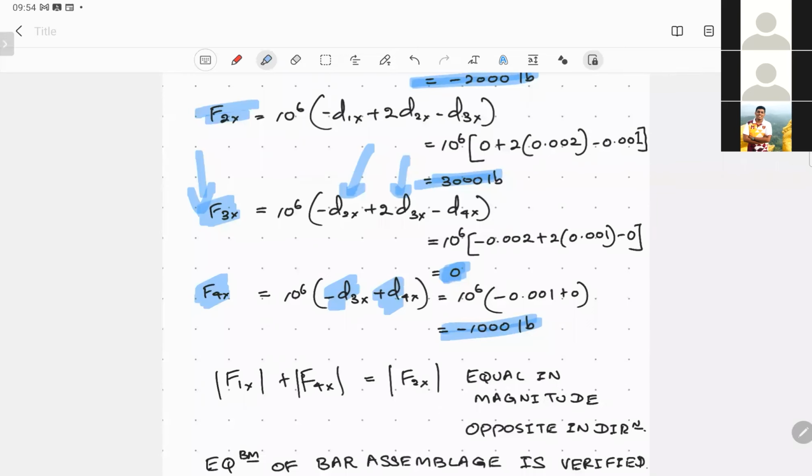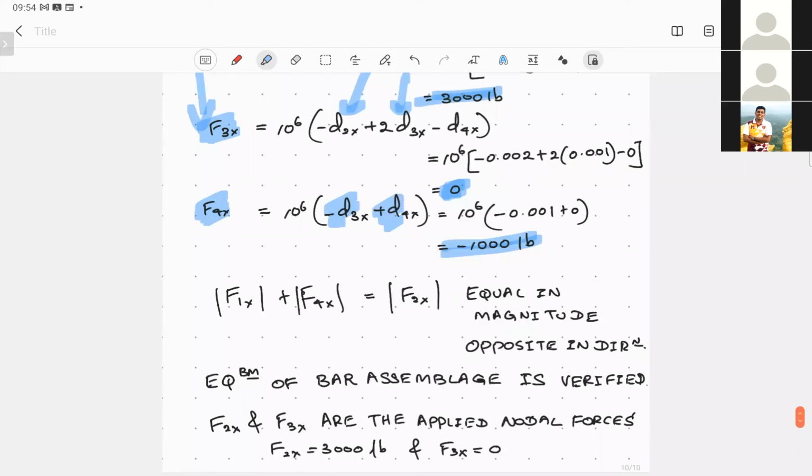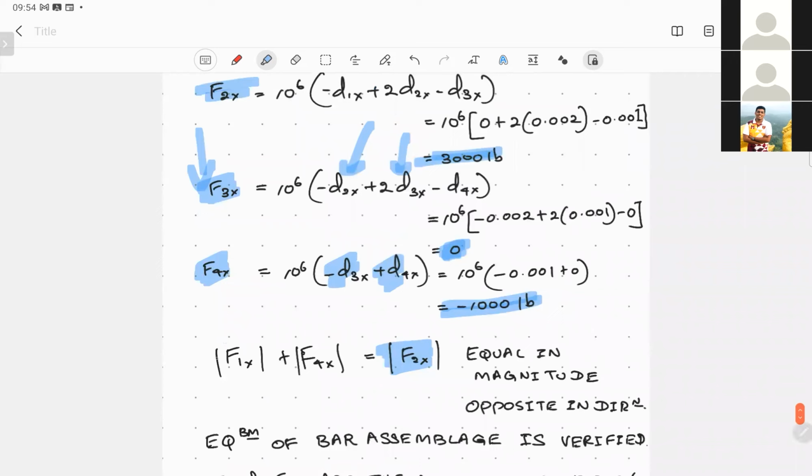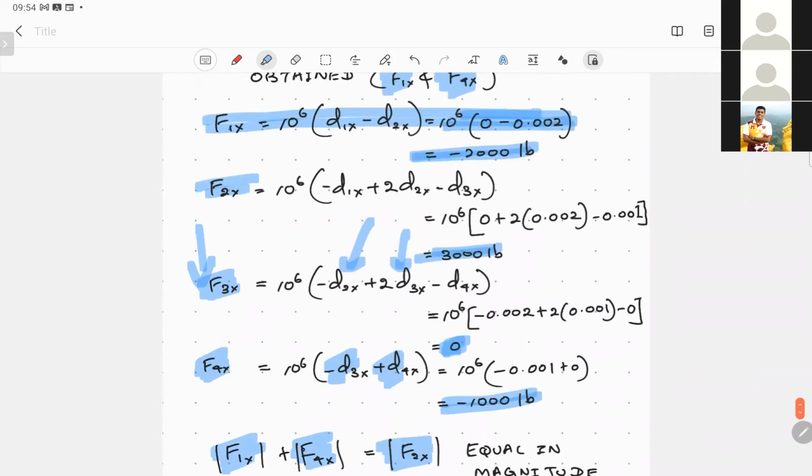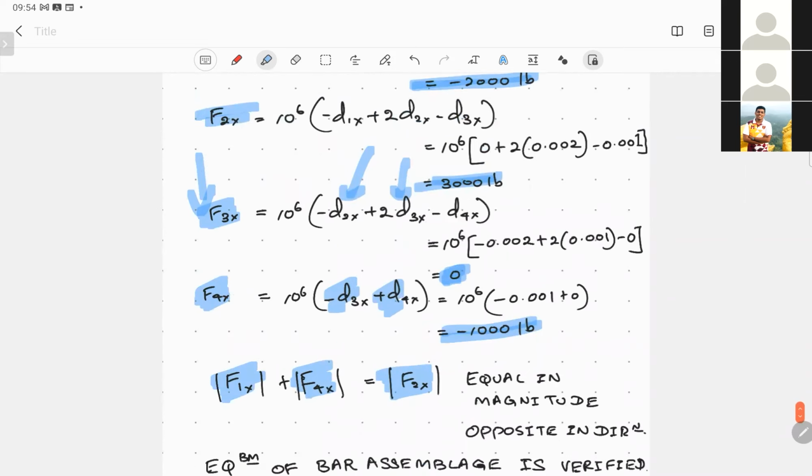How you can again validate your answer is, you try to consider the force equilibrium. What is the force equilibrium? You know the total force applied on the structure is 3,000 pounds at node number 2, and the total reaction forces are equal and opposite, of course, which is given by F1x plus F4x. F1x is minus 2,000, and F4x is minus 1,000, and when you sum it up, you would get minus 3,000.